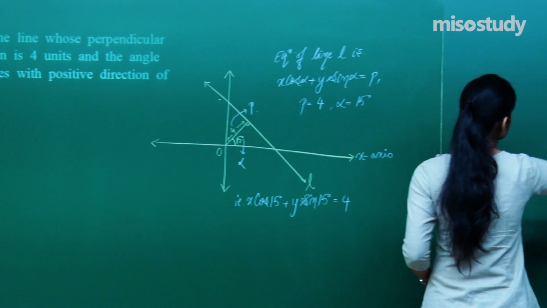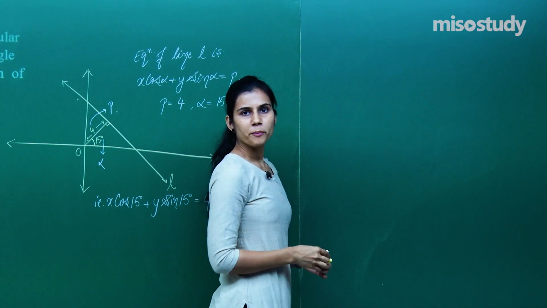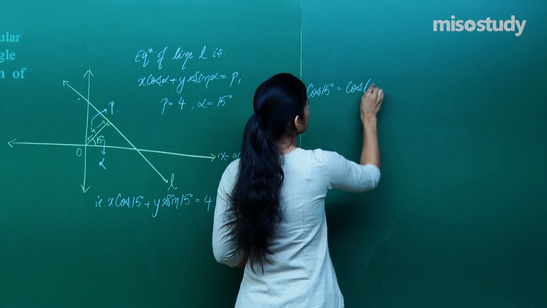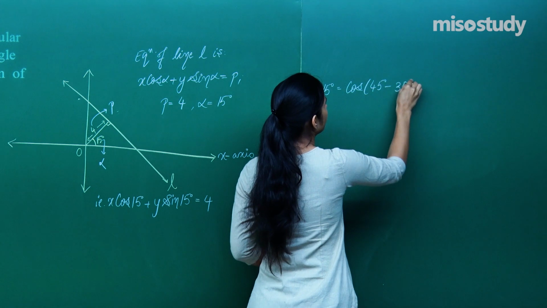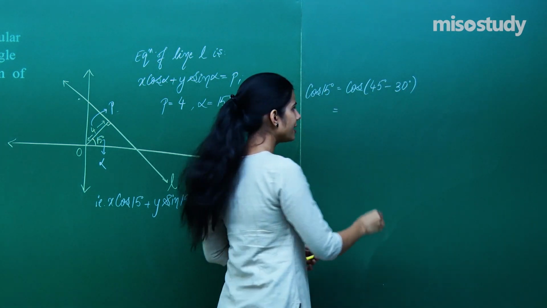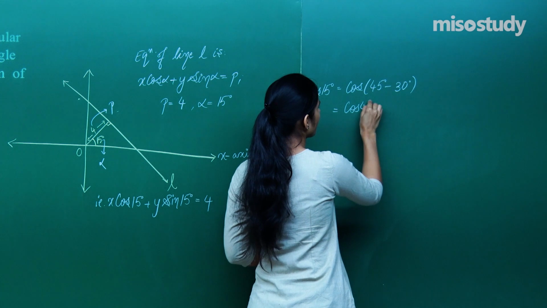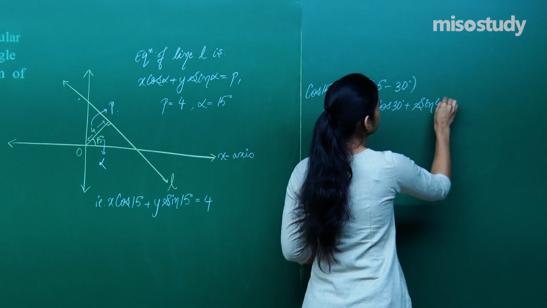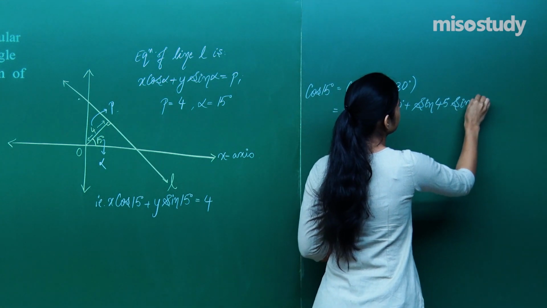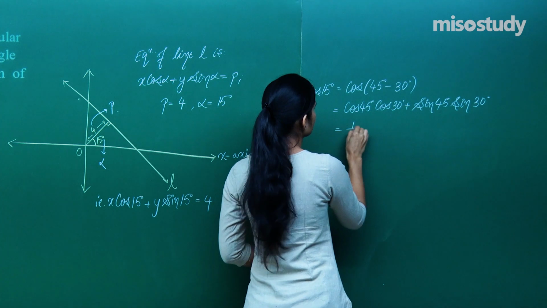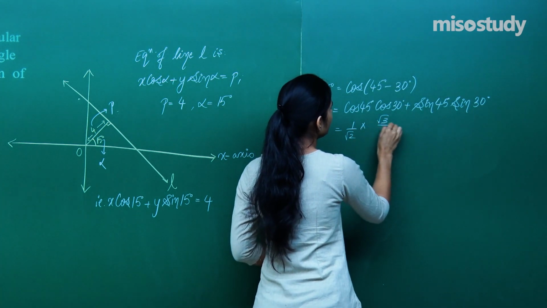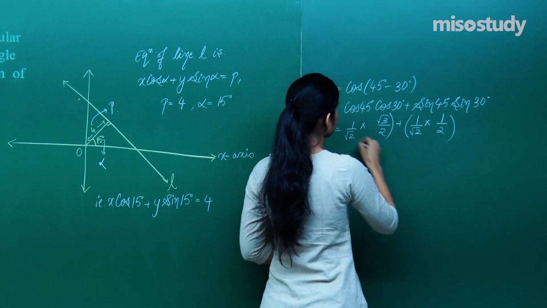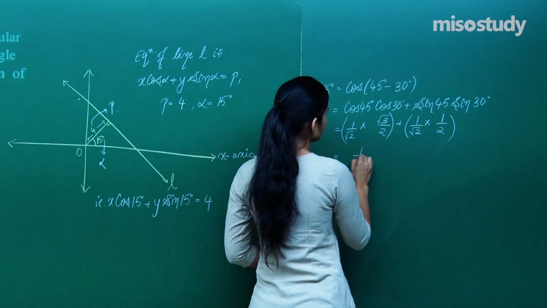You should be very well versed with either the values or the way of computation of the values. Cos 15 can be written as cos 45 minus 30. Cos of A minus B is cos A cos B plus sin A sin B. This is 1 by root 2 into root 3 by 2 plus 1 by root 2 into 1 by 2. 1 by root 2 comes out common.